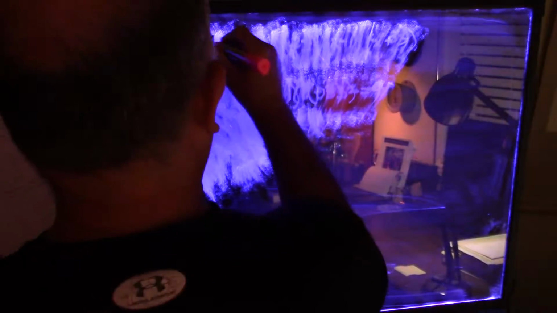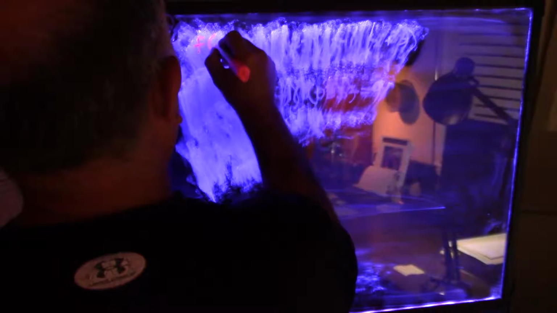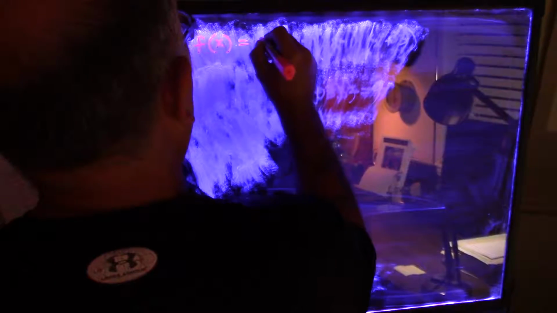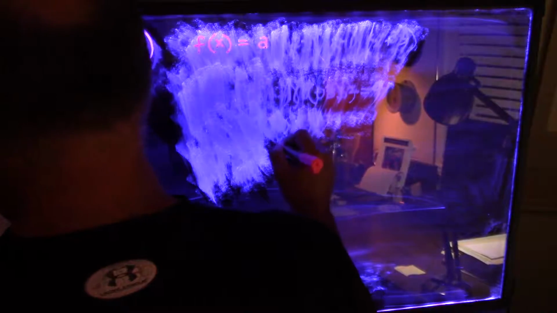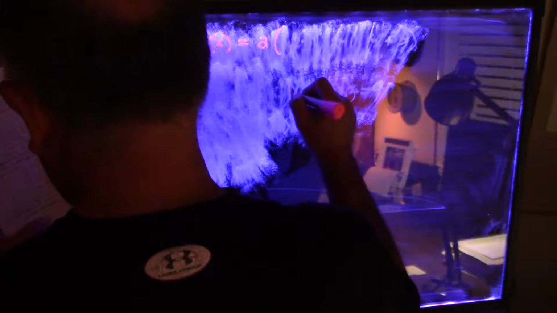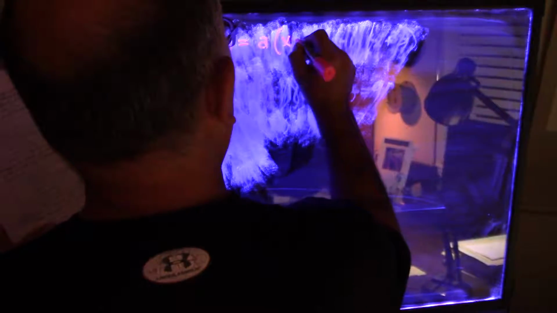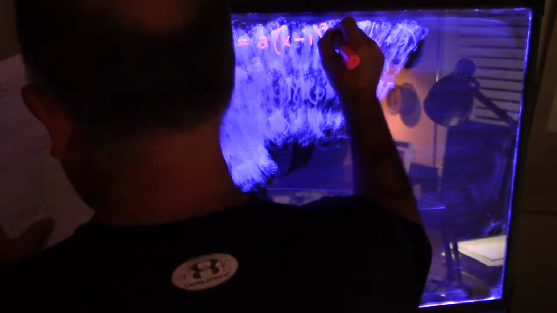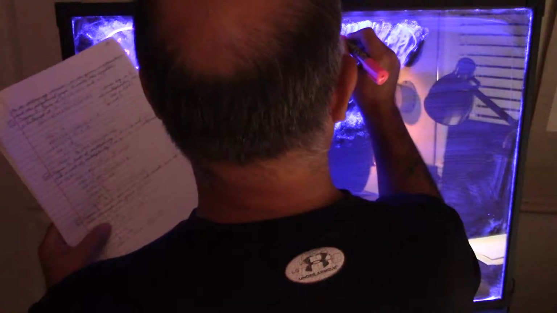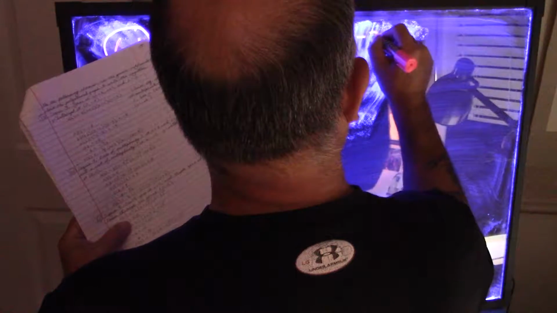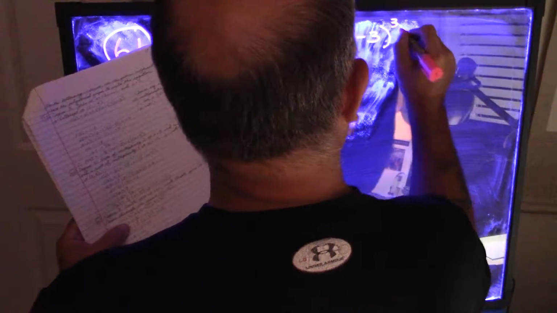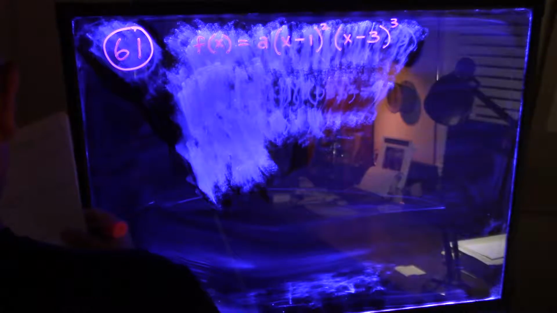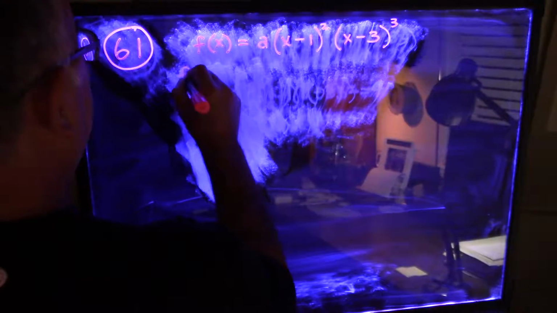It's not too bad. So we have f of x equals the leading coefficient, a times the quantity x minus 1 squared, and quantity x minus 3 cubed. Okay, so f of 2 is 15.